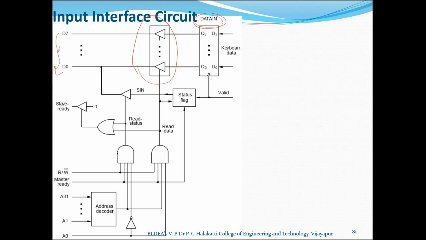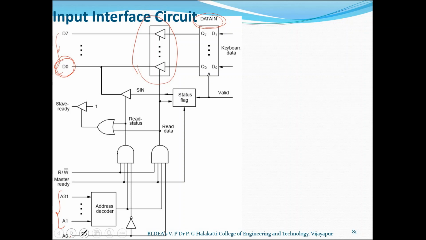Now this S in is connected to bit D0, that is, bit 0 of the status register. Now an address decoder is used to select the input interface using the high order 31 bits of the addresses. You can see here.